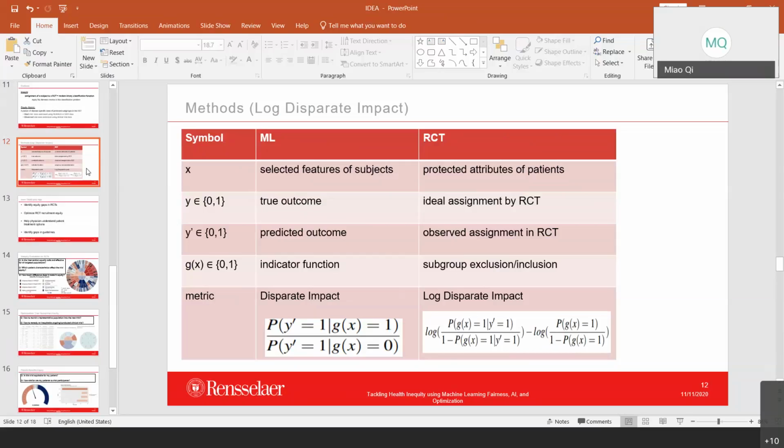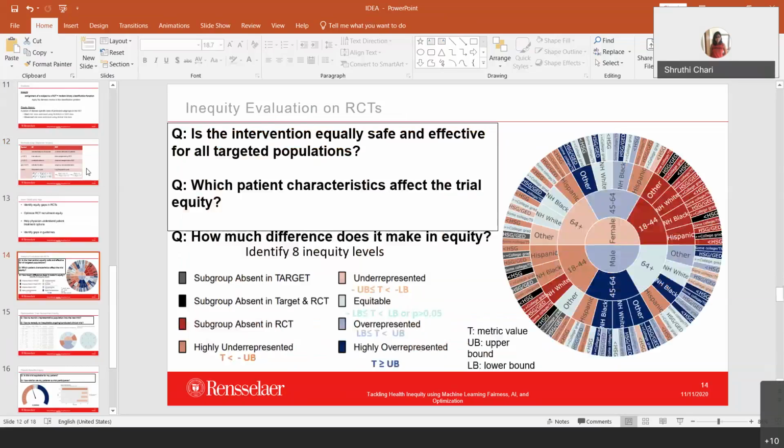Yeah. And then my next question was, I think with the sunburst slide, how are the bounds calculated for each equity group? Yeah. And is it based on a study?